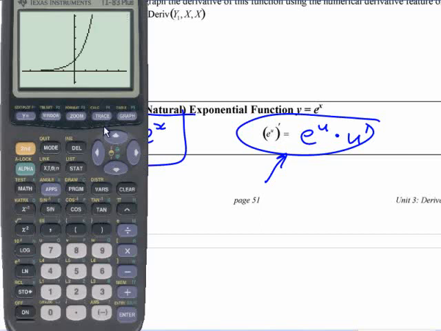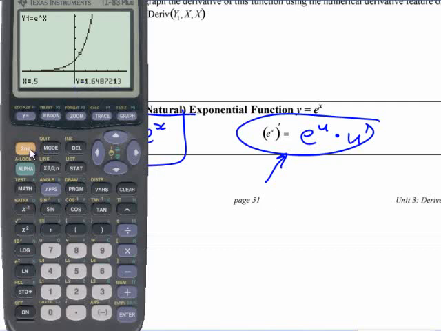If you want, you can trace and calculate at 1 here. No, it's 2. Well, it doesn't even matter, right? Let's pick a value and remember the y value, okay? So let's do it at 0.5. At 0.5, it's 1.648, whatever, right? That's the y value.